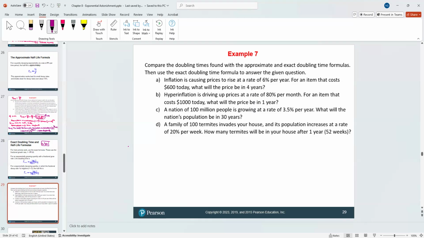So we must do it. It said inflation is causing prices to rise 6% for an item that costs $600 today. So what would be the price in 4 years? I believe we're going to do T double, right? For this one, we said the approximate doubling time. Let's go with A.